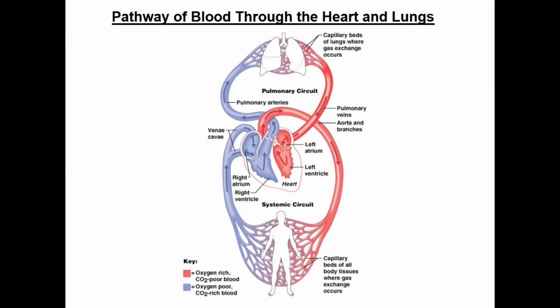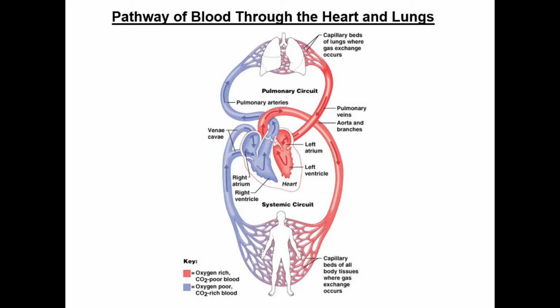So the right atrium, here you can see this is the right atrium. This right atrium passes blood to the right ventricle through the tricuspid valve. Right ventricle, you can see here, this is the right ventricle.